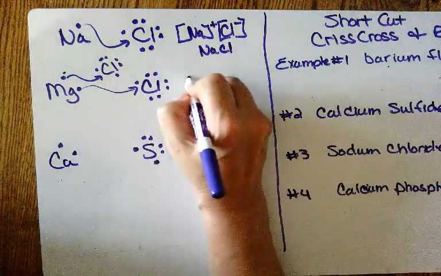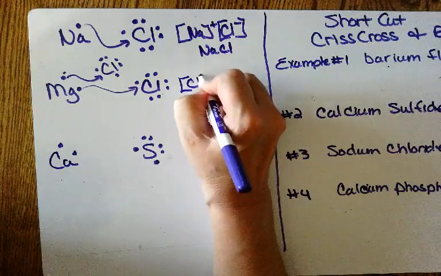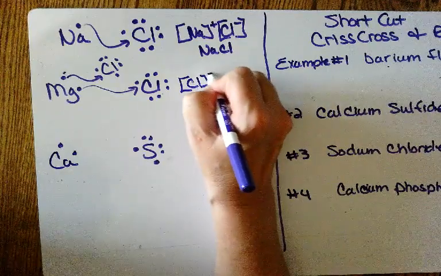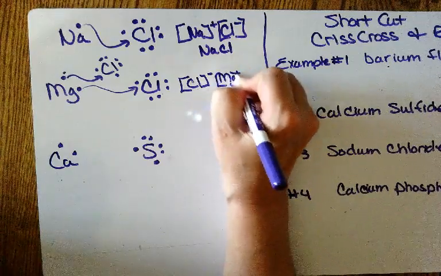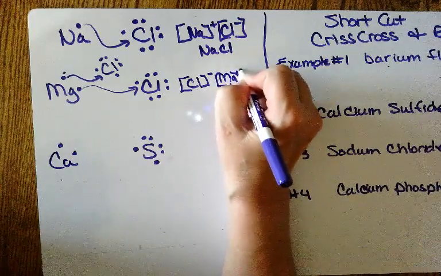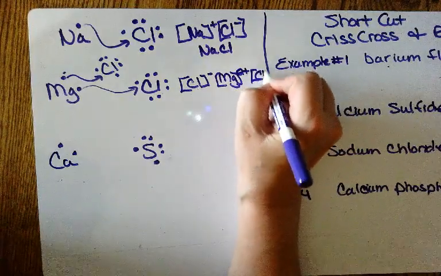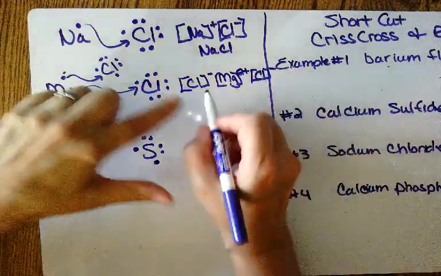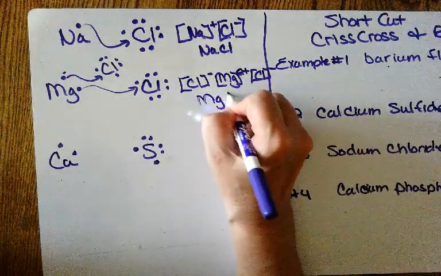And so now I have a chlorine with a minus, a magnesium with a 2 plus, and then another chlorine with a minus. And these guys all click together like magnets, and that gives me the formula of MgCl2.